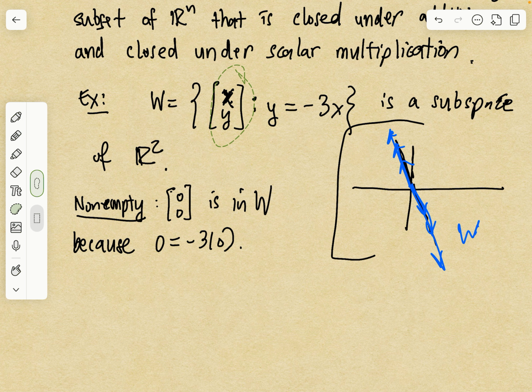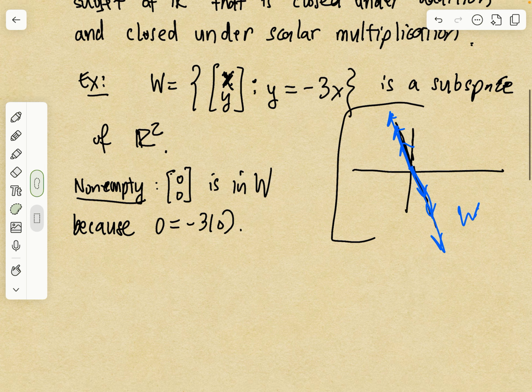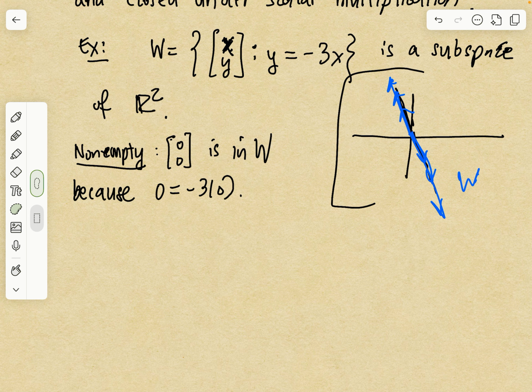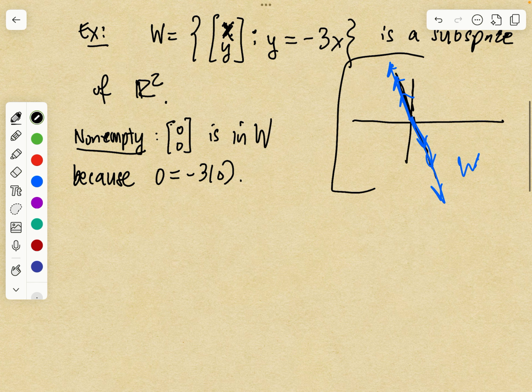So this is saying that it's all the vectors where the second component is negative 3 times the first component. And when you look at the vector (0, 0), is the second component negative 3 times the first component? Well, yes, because 0 is equal to negative 3 times 0. So W is a non-empty set. That's good. There are actually vectors that satisfy the equation.